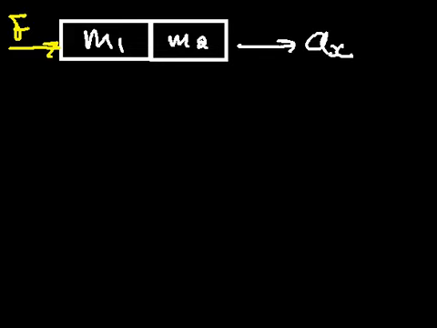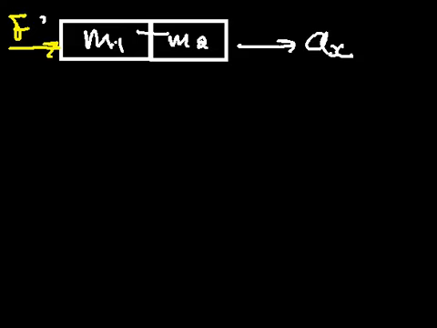So now what will happen is that as the force F is applied to the object of mass m1, the object of mass m1 is going to exert a force onto the mass m2.